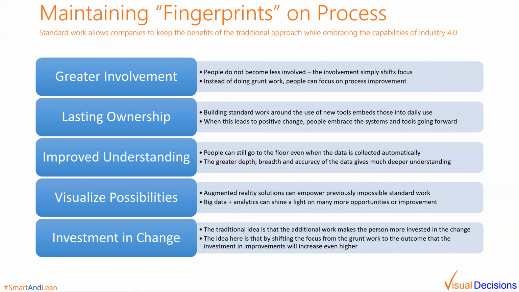And then finally, I've kind of hit these points throughout this presentation, so I won't go into details here, but putting the standard work in place to really utilize this information to improve the process and integrate it into the way that you do things every single day within the plant, and really change the culture to use this information and become a data-driven organization. That's how you maintain the fingerprints on the process. That's how you maintain the ownership, as opposed to people just going up and writing numbers on a whiteboard.